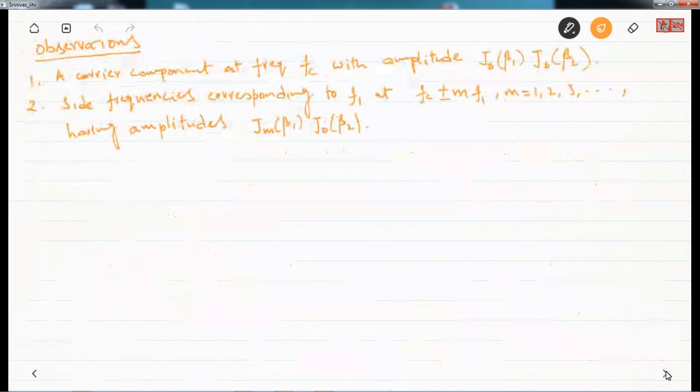Just by copying the second point. What is that point? Here we have considered F1. Now you consider F2.